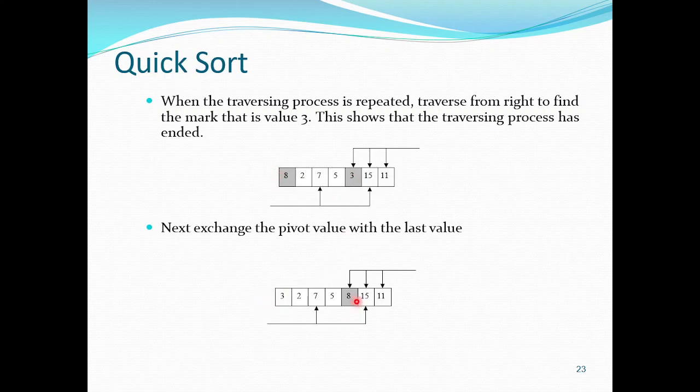So now we can see that 8 is at the right location, in the middle. It means the left side of 8 will be smaller than 8, and the right side of 8 will be the larger values.